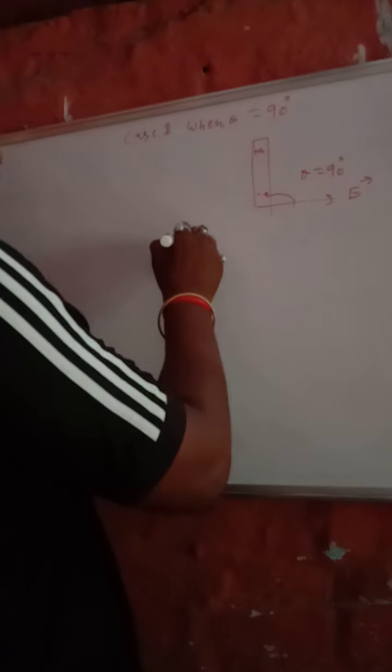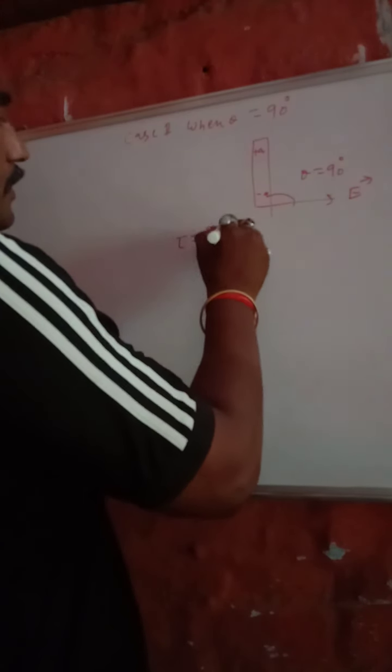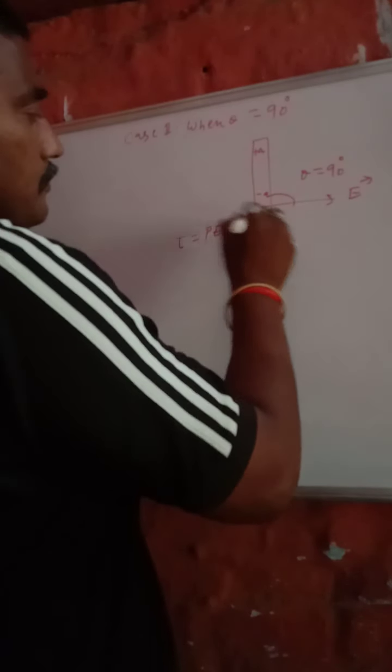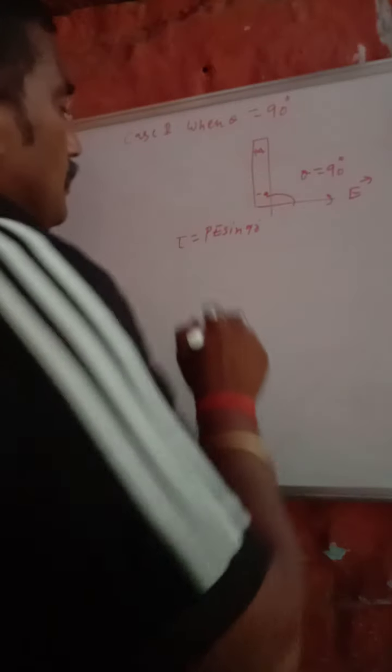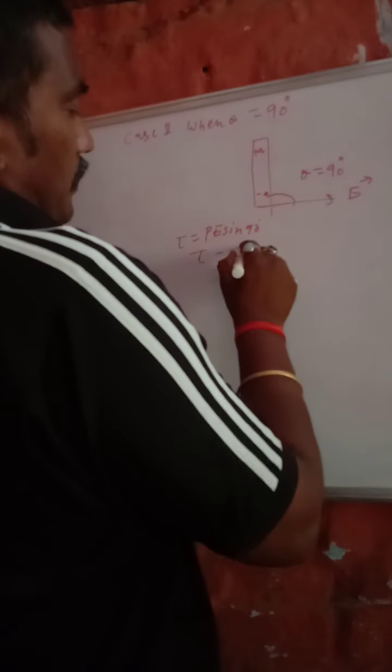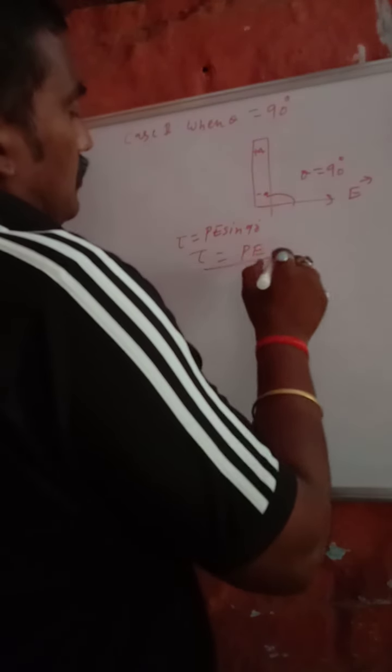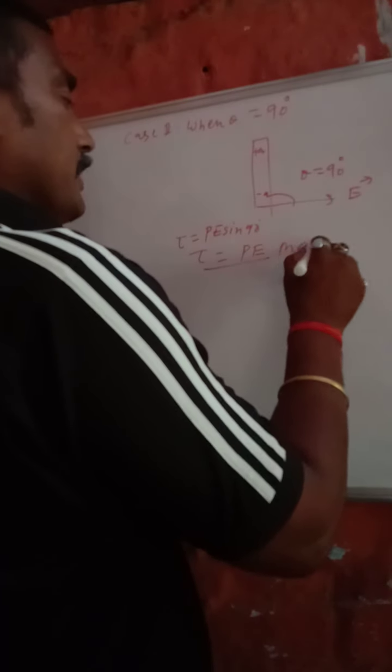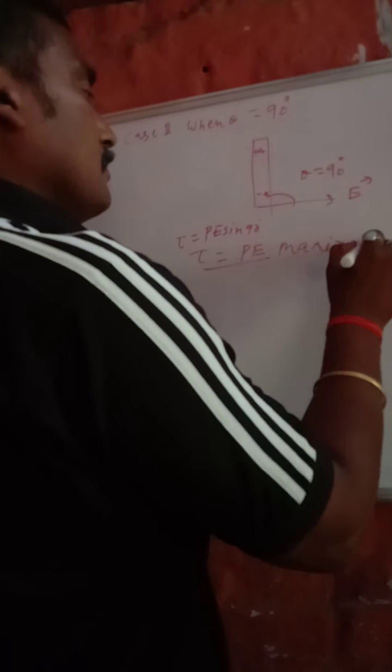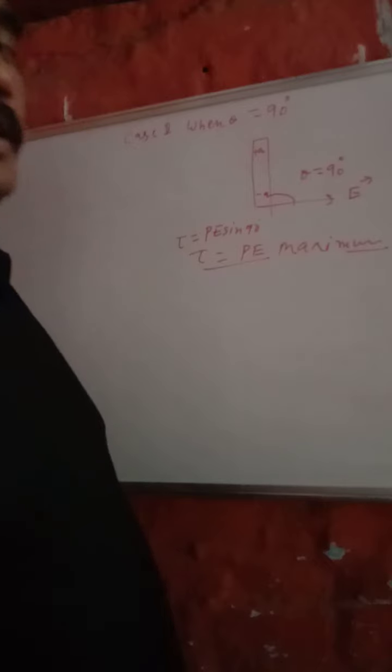Therefore, the relation of torque is PE sin 90. Sin 90, its value is 1, therefore the torque is maximum in case first. If theta is 90, then the value of the torque is maximum.